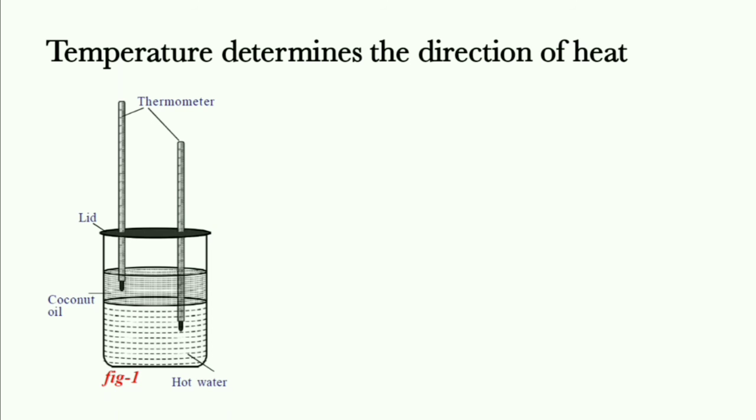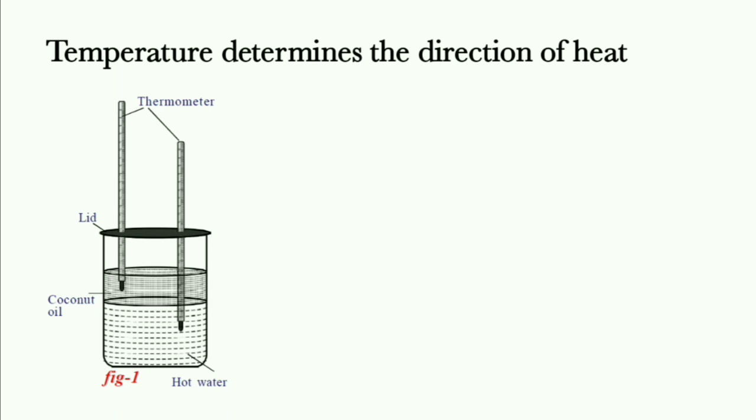As we know, hot water readings are going down, and the thermometer in the coconut oil readings are climbing up. So hot water is becoming cooler and coconut oil is becoming hotter. So heat travels from high temperature bodies to low temperature bodies.